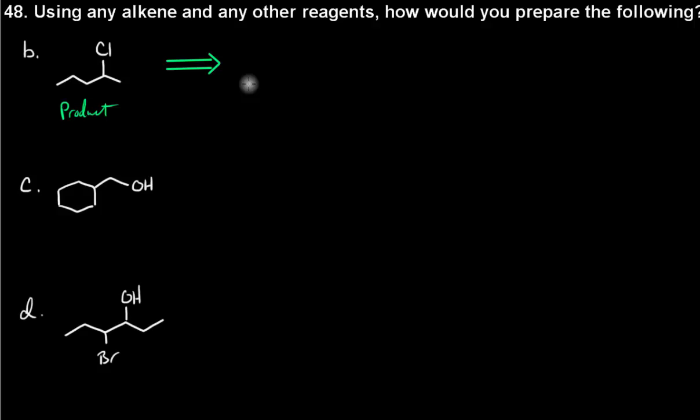So 1, 2, 3, 4, 5. 1, 2, 3, 4, 5. So we can either have our alkene right here, or we could have our alkene right here on the end, like this. Okay, so now the only way that we know of to add just a chlorine, or just any halogen, we are going to want to add some kind of acidic hydrohalic acid.